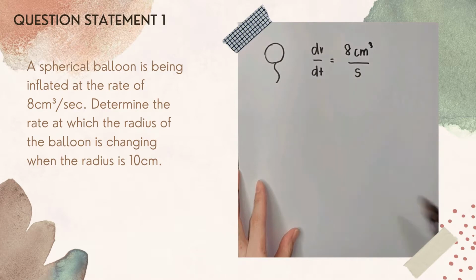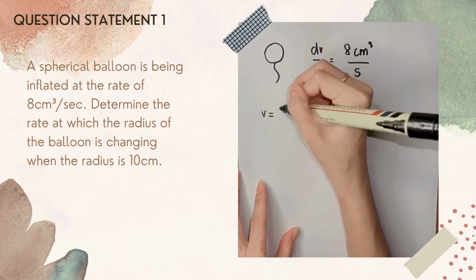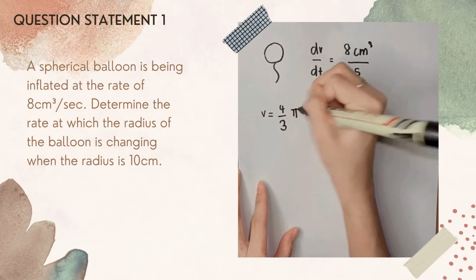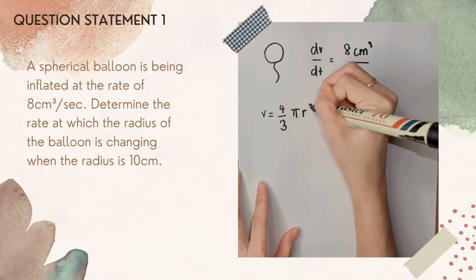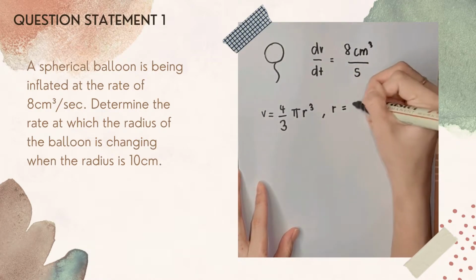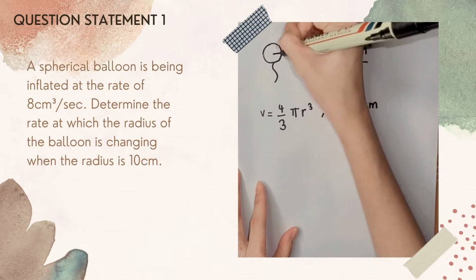The formula is V equals 4 over 3 times pi times r cubed, where r is the radius, and the question has given the information that the radius is 10 cm.